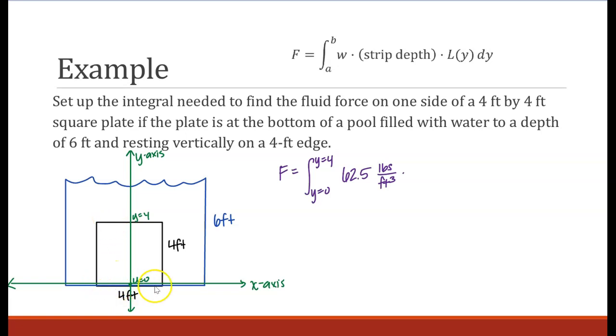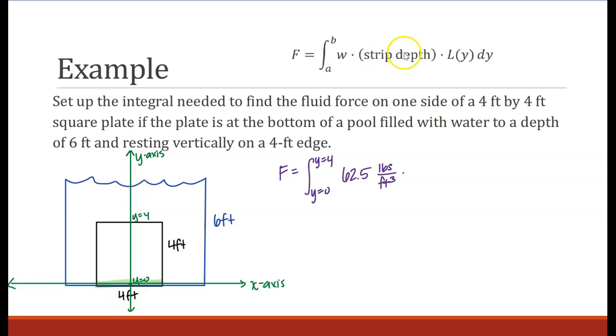So the depth of each strip is going to vary as I extend from y equals 0 to y equals 4. So let's think about the first strip. The very first strip down here along the bottom of the square is at a depth of 6 feet from the surface of the water.